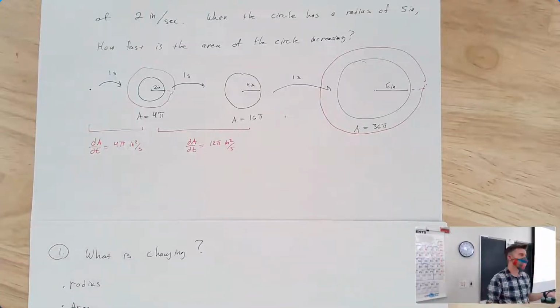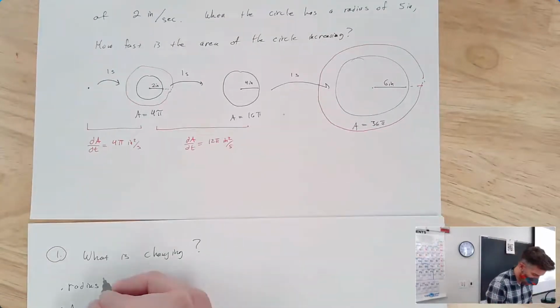Are those the only things that are changing? No. Time is changing, the circumference is changing, the diameter is changing, but I'm trying to focus on the things we actually care about. The problem is telling me how the radius is changing, and the problem is asking me how the area is changing. They want to narrow it down to the things we were told about and the things we want to know about.